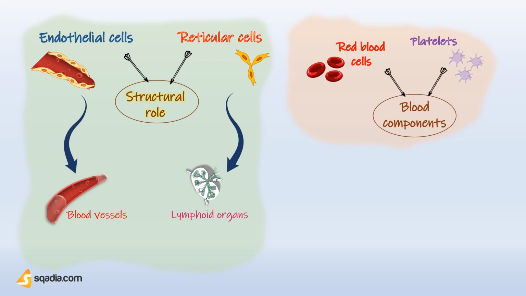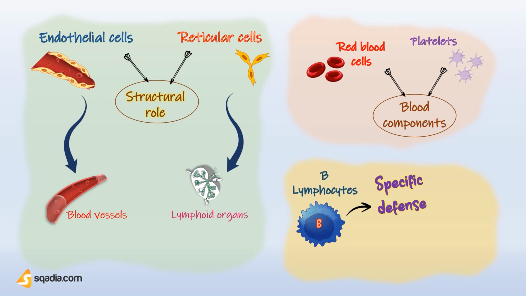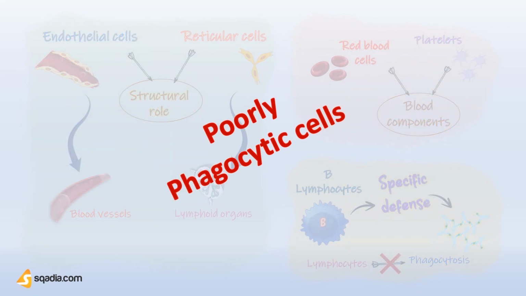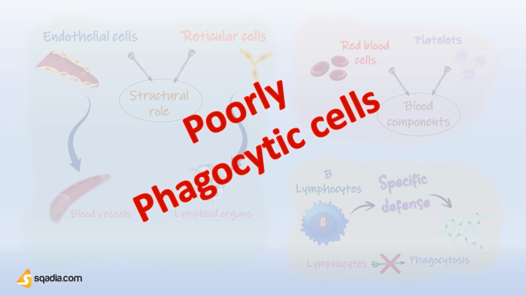They are mainly responsible for blood-related roles. Similarly, B lymphocytes mainly provide defense against a specific target microbe by releasing antibodies against that specific antigen. Usually lymphocytes are not phagocytic, but they are capable of taking up distinct microbial pathogens by interacting with different receptors. So we can say that all these cells are not purely phagocytic cells.